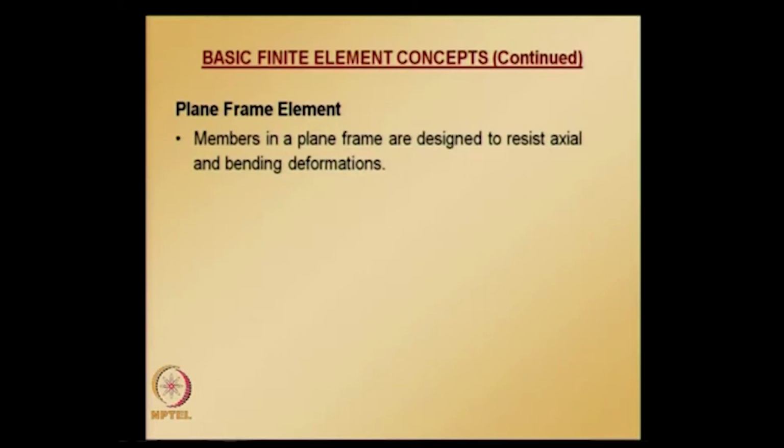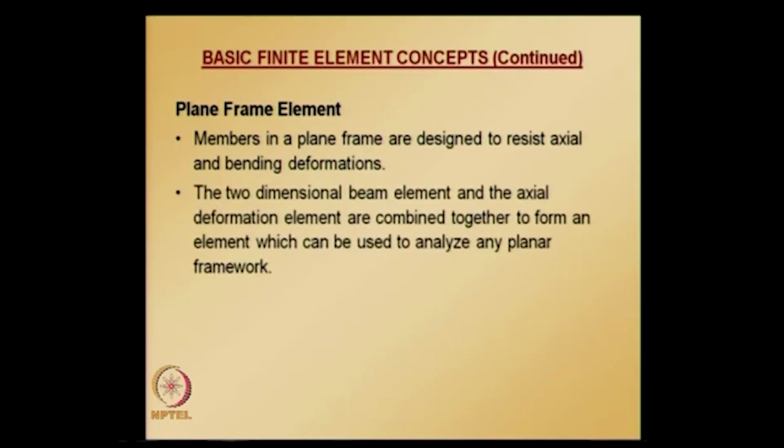Members in a plane frame are designed to resist axial and bending deformations. So it is a combination of a beam element and an axial deformation element. The two dimensional beam element and axial deformation element are combined together to form an element which can be used to analyze any planar framework.